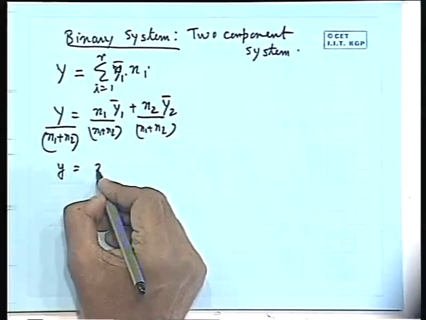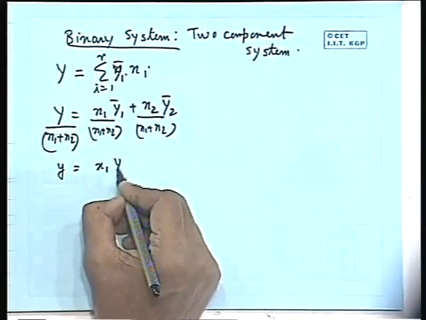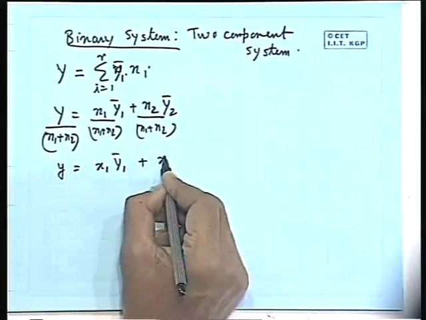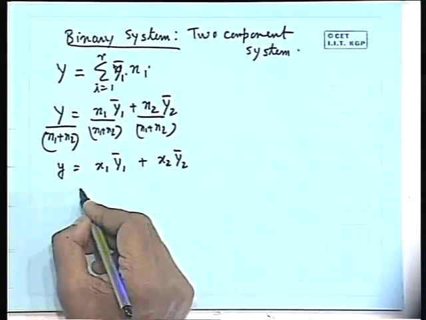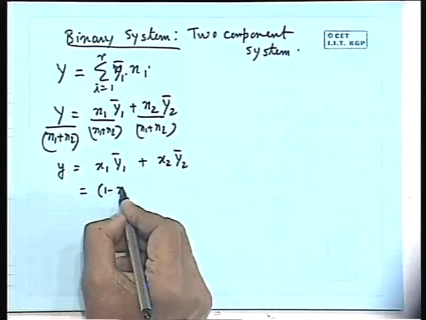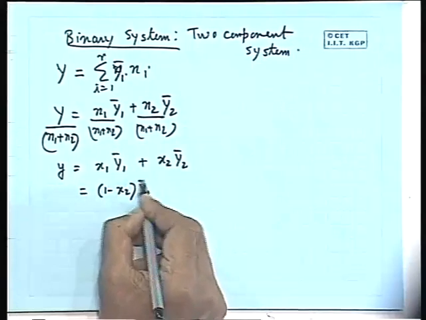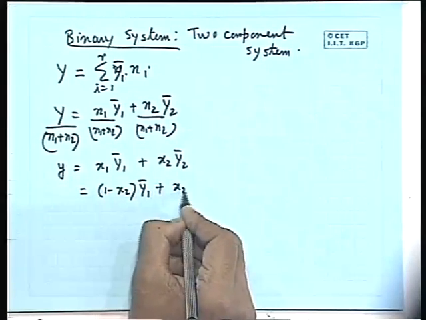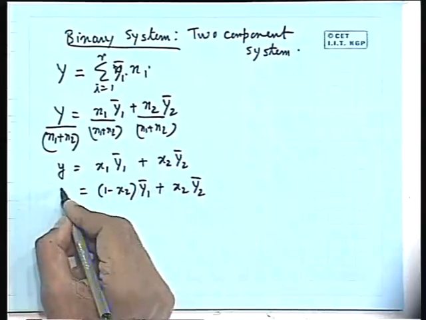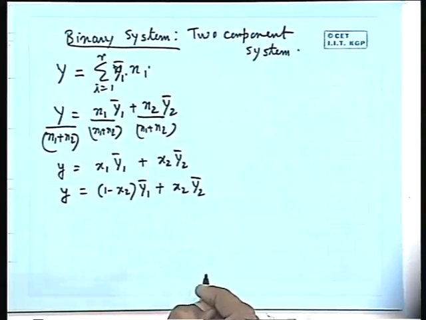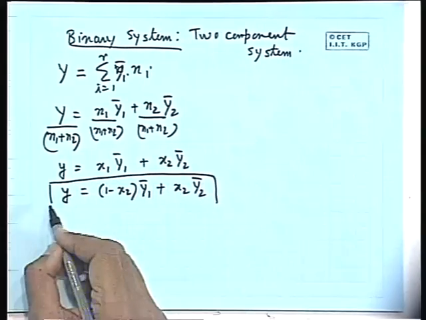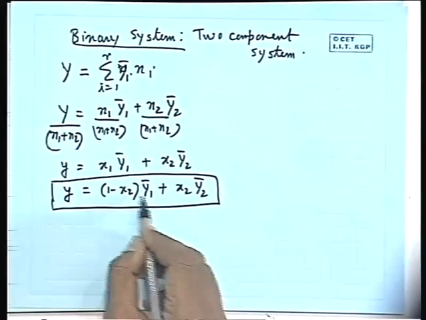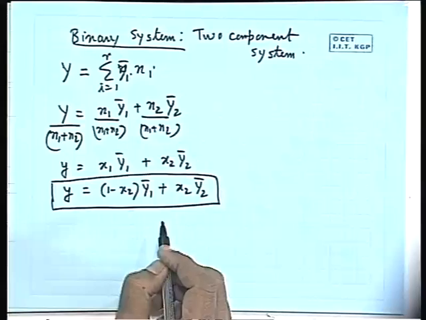It equals x1, the mole fraction of component 1, Y1 bar plus x2, the mole fraction of component 2, Y2 bar. And x1 we can write as 1 minus x2, so I express everything in terms of x2. Let us consider this an important equation: y is (1 minus x2) Y1 bar plus x2 Y2 bar.